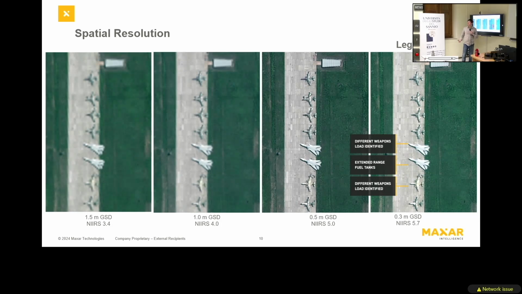All providers have this information in the metadata, and it's really important when you do object detection. If you're trying to detect cars, for example, a NIIRS of 3 probably is not going to make it. You want maybe a NIIRS of 5 or 6 or even 7 if you can. The higher the value, the more possibility you have to detect something small.